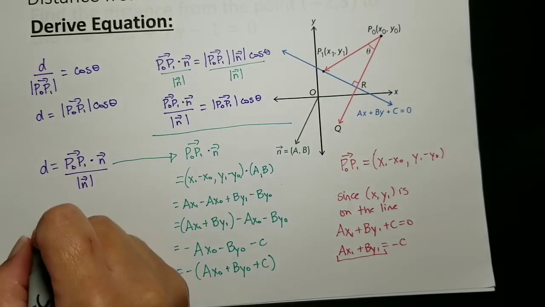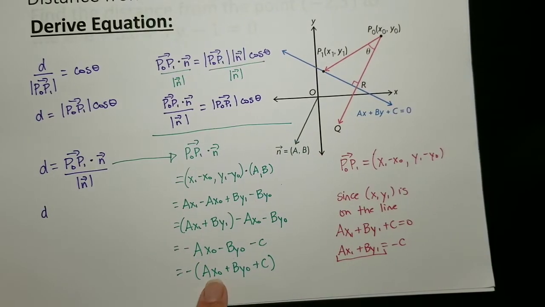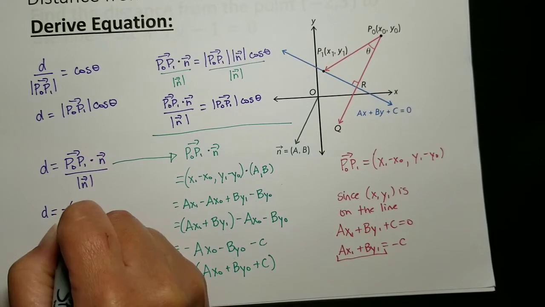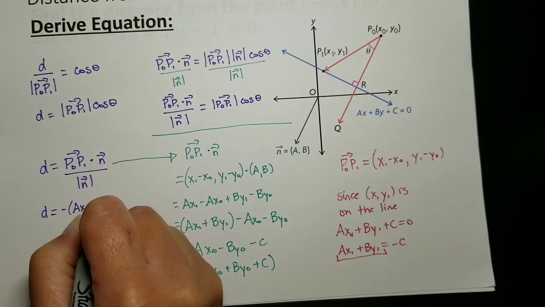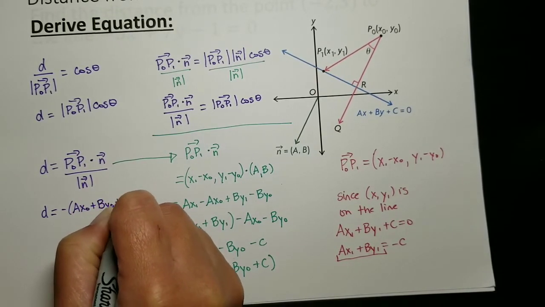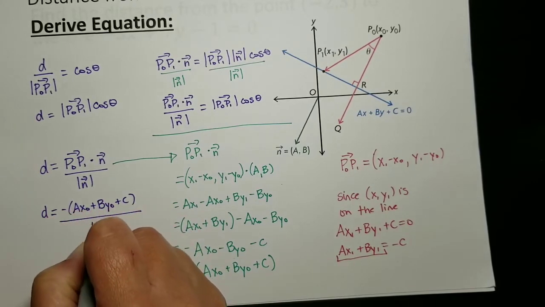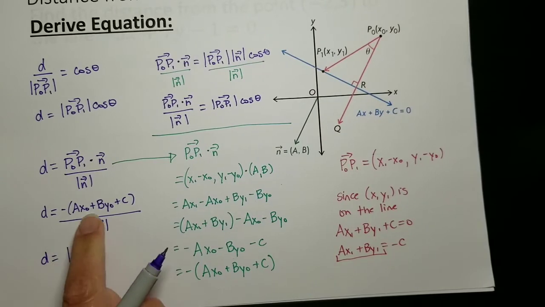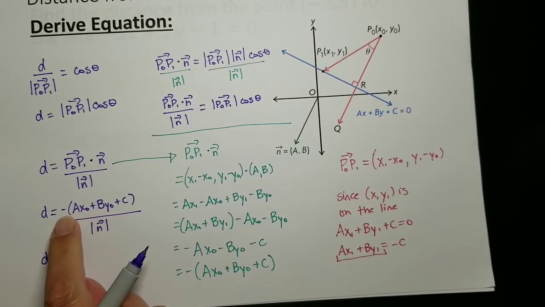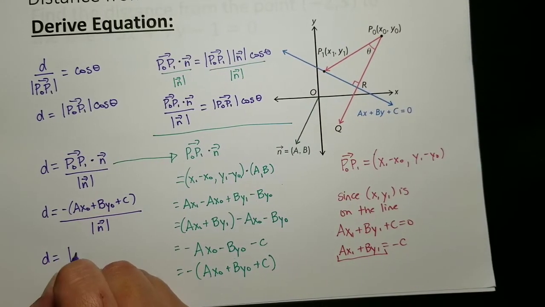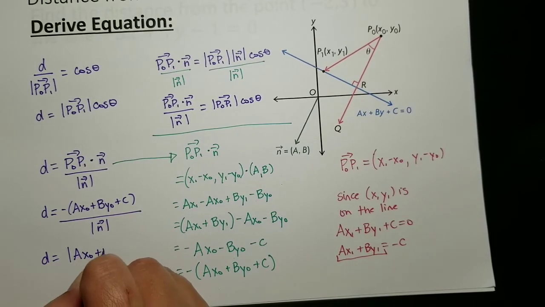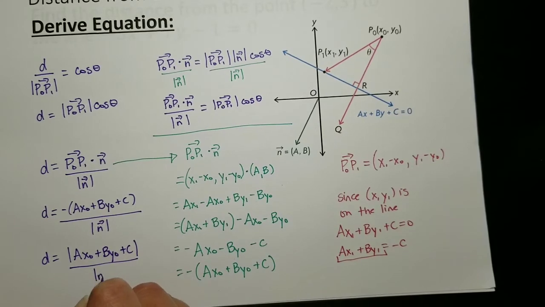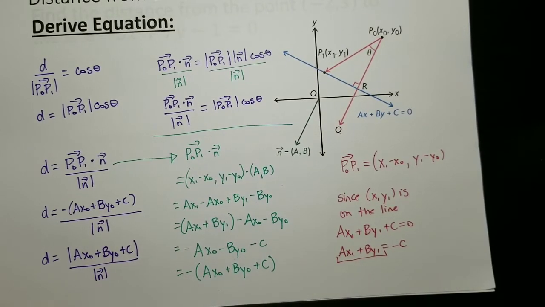So I'm going to plug this back in at the top for that dot product as negative (ax0 plus by0 plus c) over the magnitude of the normal. And then I'm going to take the absolute value because I want to only get a positive distance, and I can drop the negative sign because we don't know whether it'll end up positive or negative.